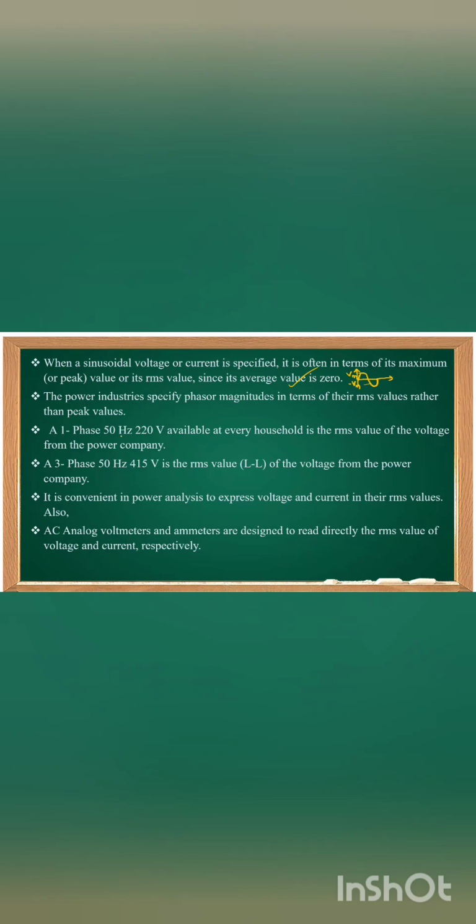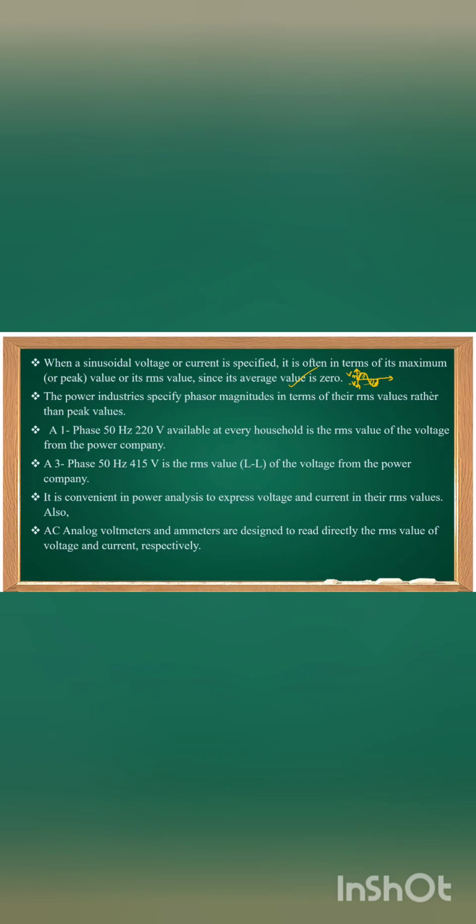We don't use average values because it is a symmetrical waveform and the average value is 0. That's why sinusoidal voltages or currents are specified in terms of peak or RMS values, not average values.